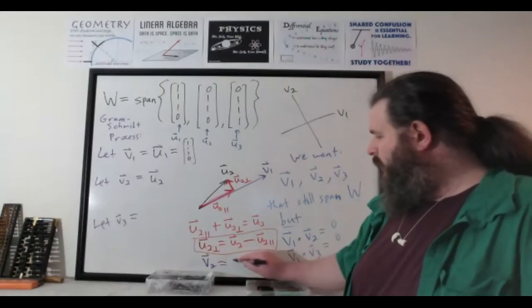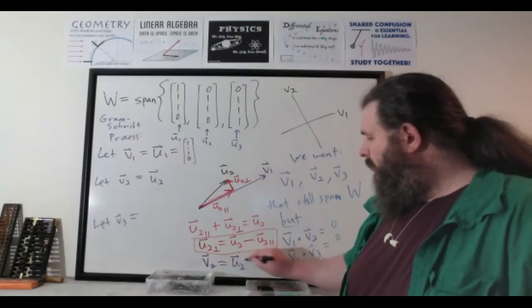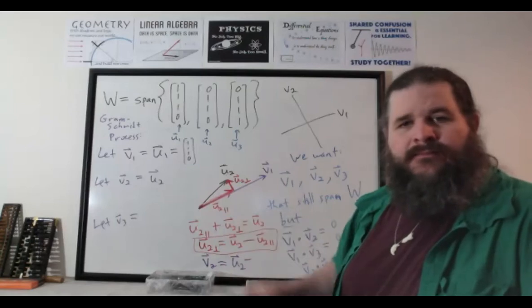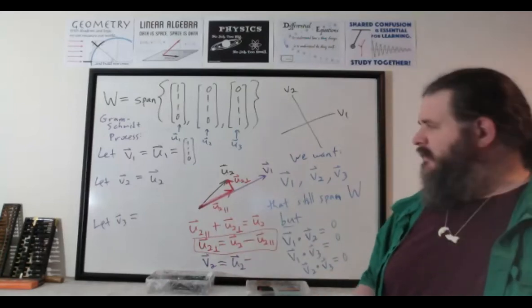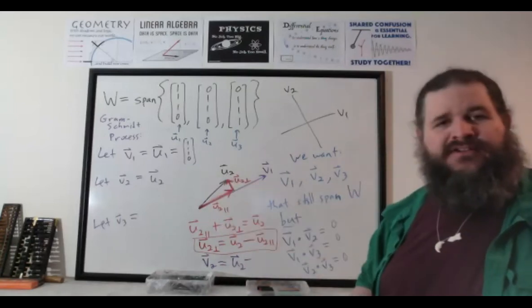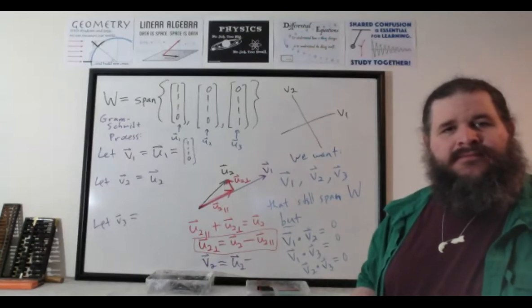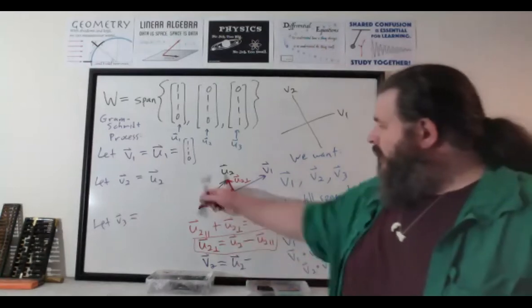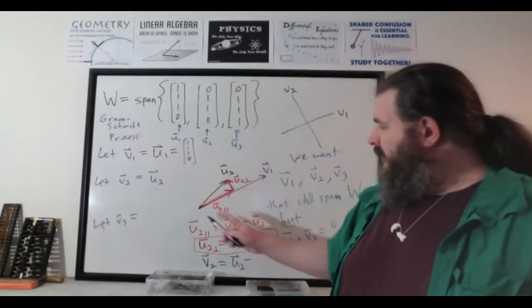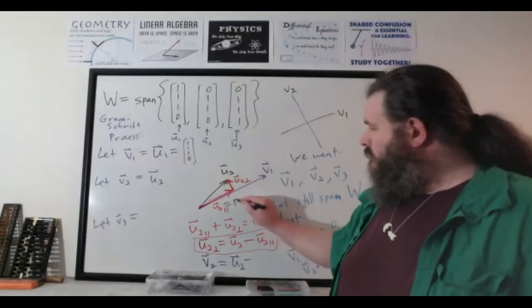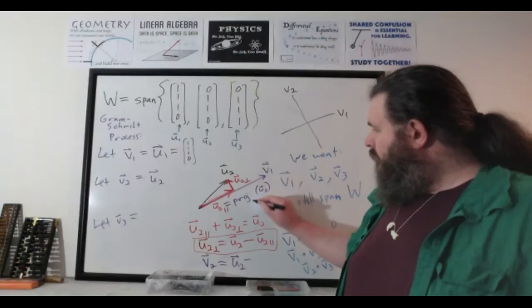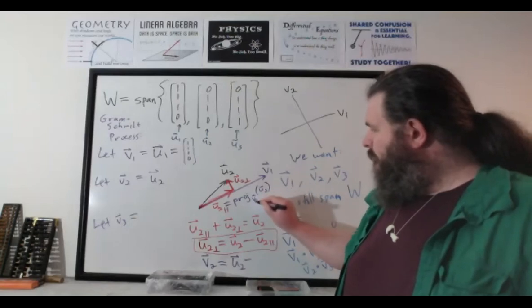So V2 equals U2 minus, and then what would we call the parallel component? What do we call it when you take a vector and flatten it onto a direction of another vector? Projection. Yeah, this is where this ties into the idea of projections. That U2 parallel is just the projection of U2 onto the V1 direction.